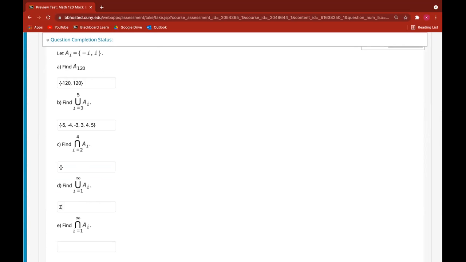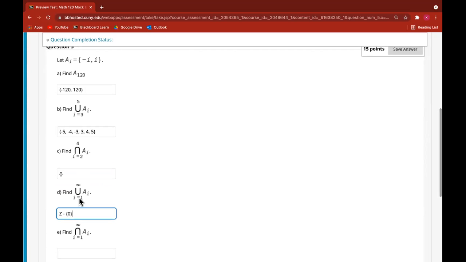So you can write that as the set of integers minus 0, or just say the set of all integers except 0. Since you have all the negative numbers from 1 to infinity, and all the positive integers from 1 to infinity, but you don't have 0.